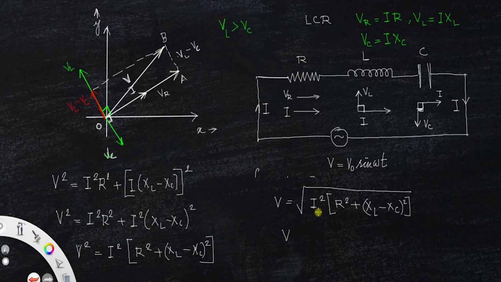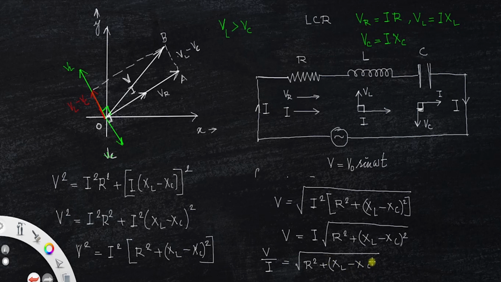When the square comes out of the root, it will become I. So V equals I root of R square plus XL minus XC square. Clear? Therefore, when we take this I to the left, V by I is equal to root of R square plus XL minus XC square.